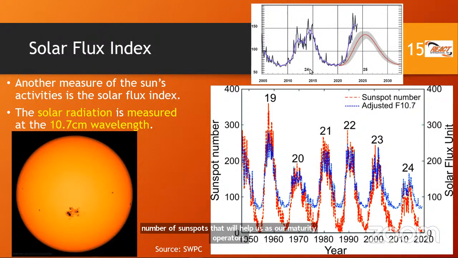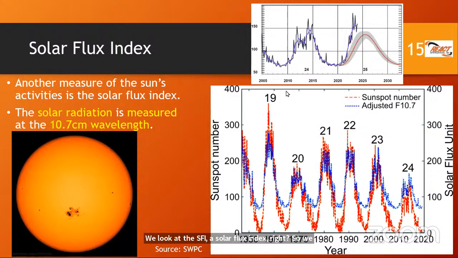Apart from just the pure number of sunspots, we have this Solar Flux Index, which also mirrors the number of sunspots. For the exam, you need to know that the solar radiation is measured at the 10.7 centimeter wavelength, right? So this is an exam question. Learn this for the exam.